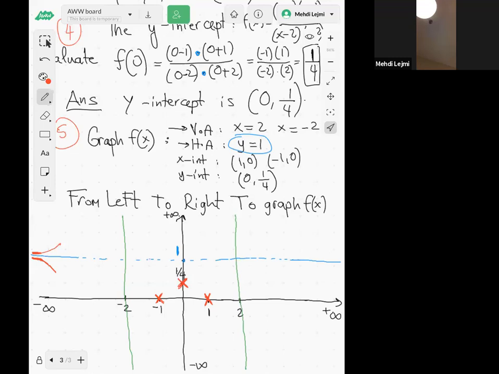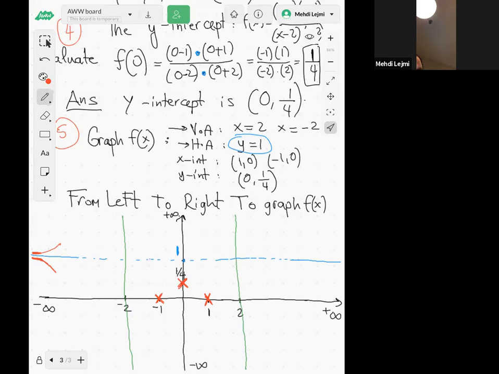So I'm just going to say, well, I have these two options. Next, what am I supposed to do? If you go from left to right, the next thing is you're going to have your vertical asymptote, as you can see, the vertical line. And if you have your vertical asymptote, then your graph is supposed to be as close as you want to it.